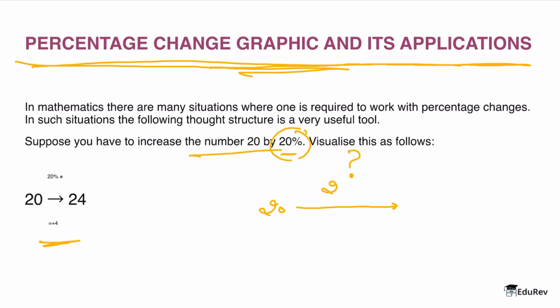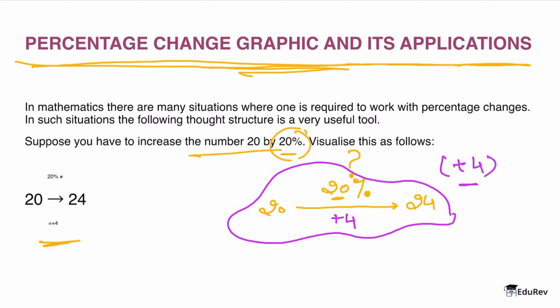So, there has to be an increase of 20%. Alright. So, the increase of 20% is going to give me 24. That is, there is addition of plus 4 units in this. So I can write plus 4 here. So this is the way I can actually graphically show how I can write this.